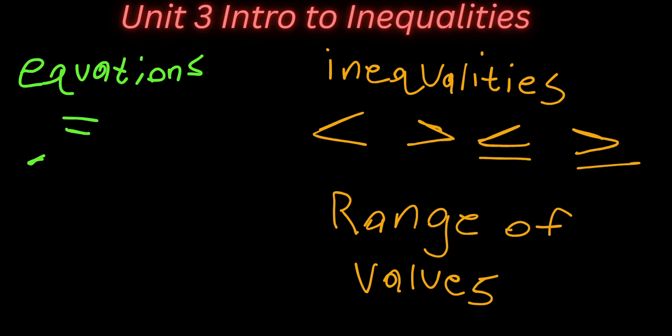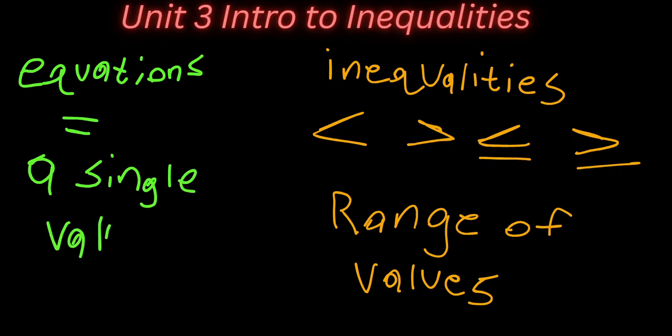Whereas an equation will have a single value, inequalities will have a range of values. For example, you may see x equals 5, and you may see x is greater than 5.